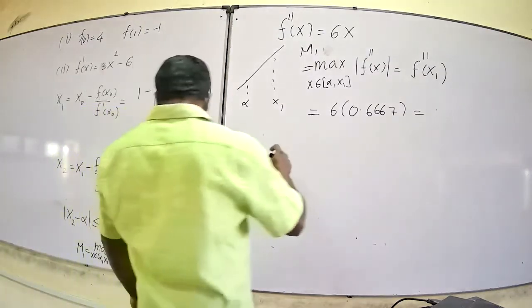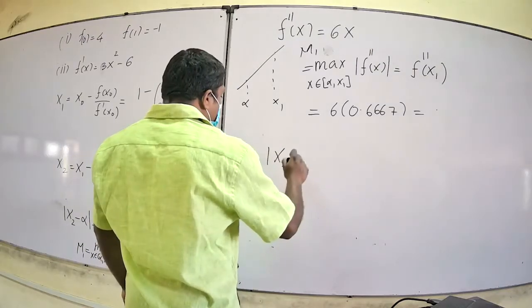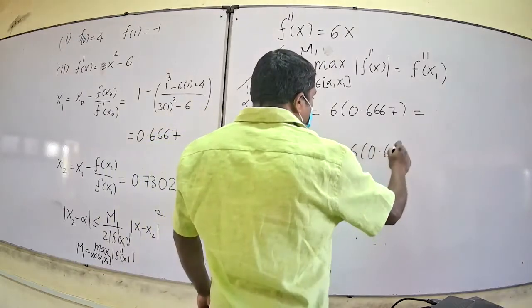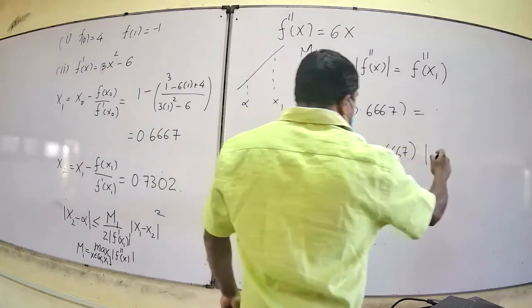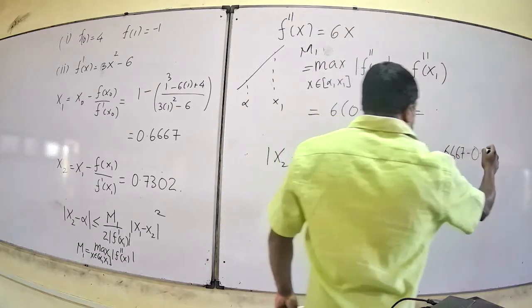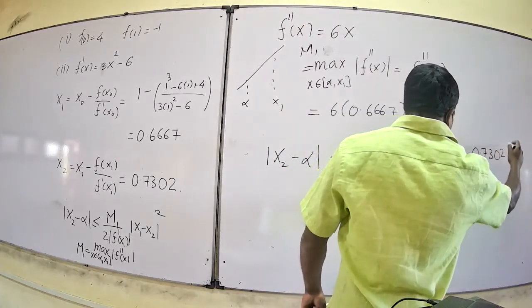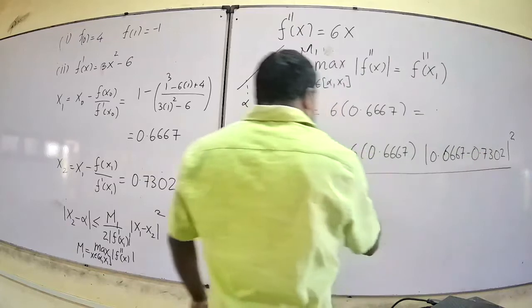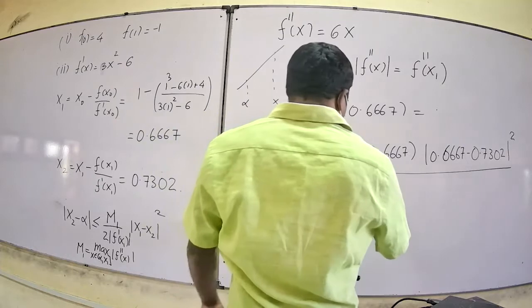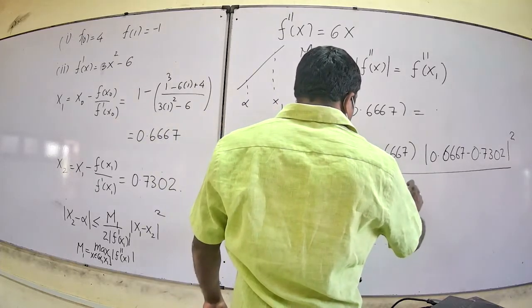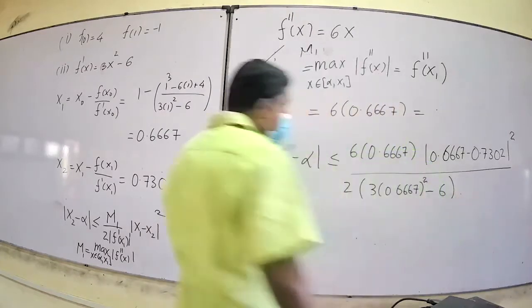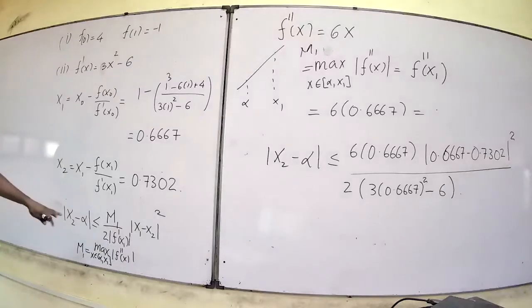So two times f prime is what? This. Right, so you substitute everything in this formula.